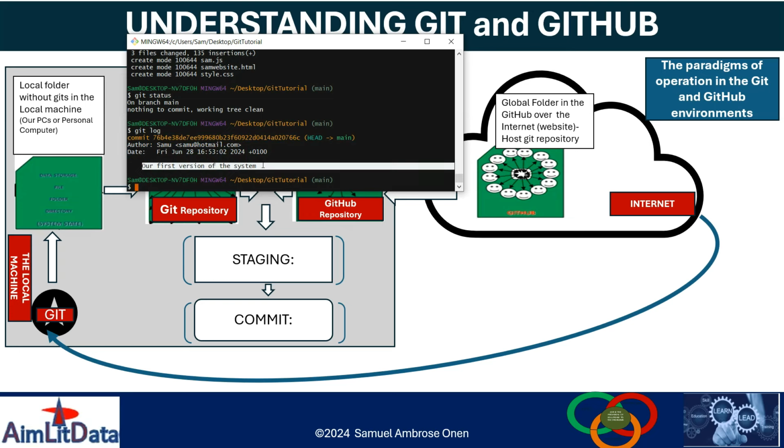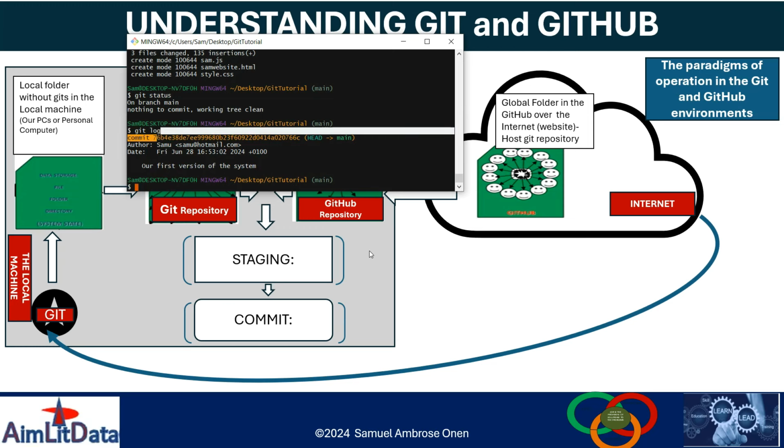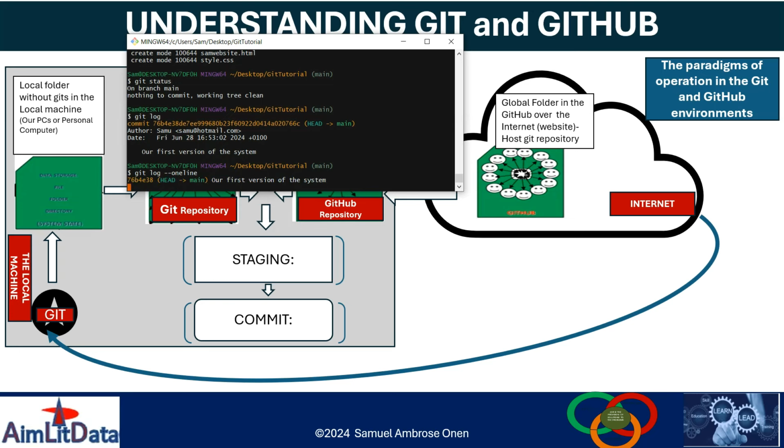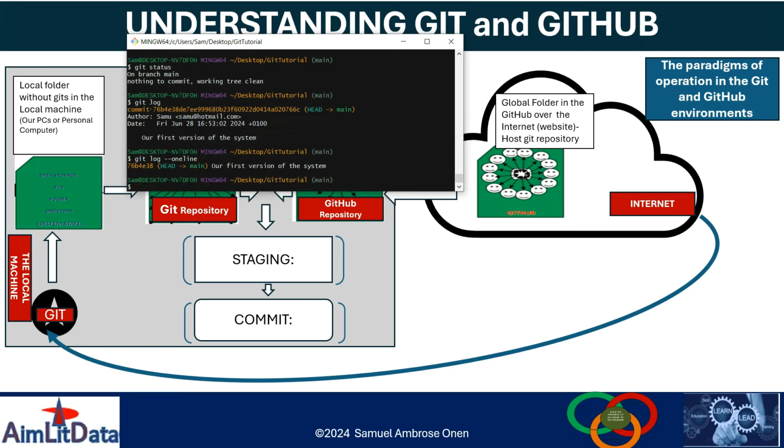So this is what git log does. It gives you all the details that you need about the committed message. If you want to get a short form of this commit ID, that's when we use git log --oneline, and then you see the short form of that commit ID and the message.